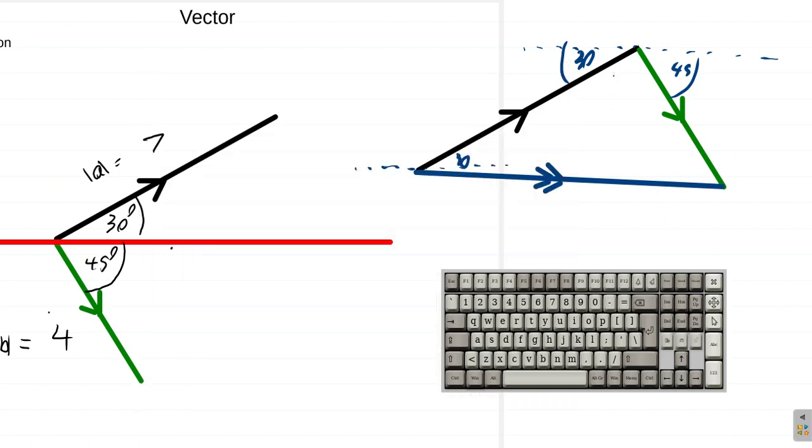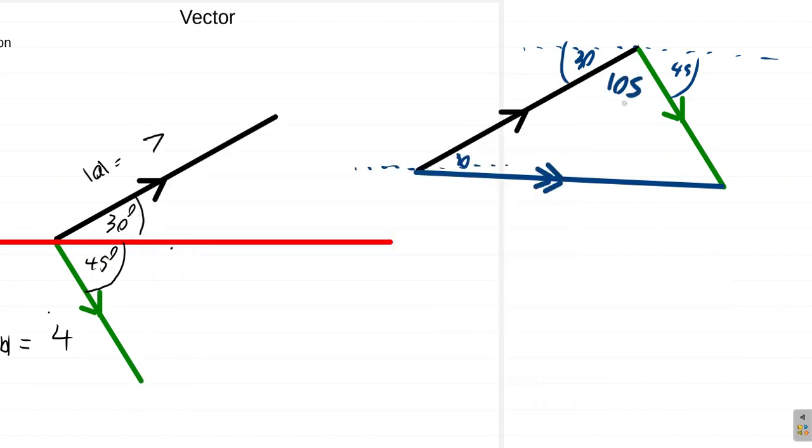So this would be 105 degrees. Remember, we just move this here and move this here. And say this dashed line up here is horizontal.